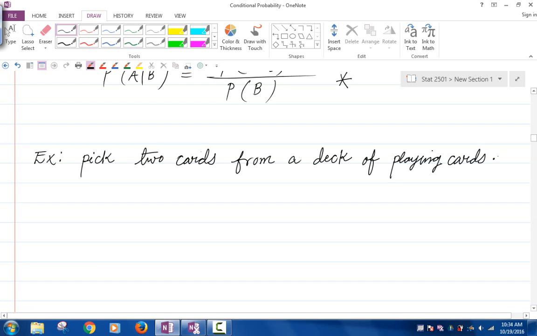Let's say what I want to know is what's the probability that both of the cards are from a deck of playing cards without replacement. So that means you're picking one card at a time.